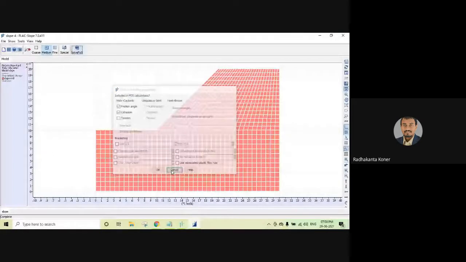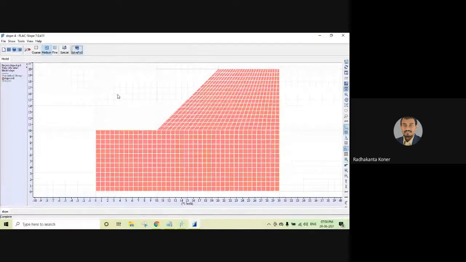All the factor of safety calculation is done by a deterministic calculation of the limit equilibrium method. That limit equilibrium method calculates very specifically the amount of shear resistance to the amount of mobilized shear stress, the ratio.